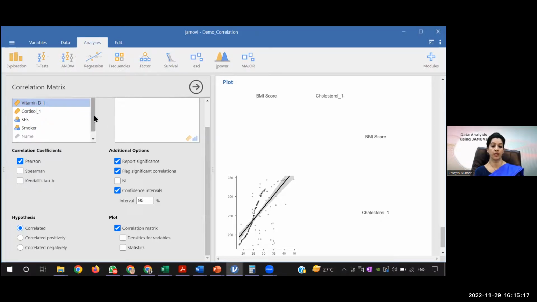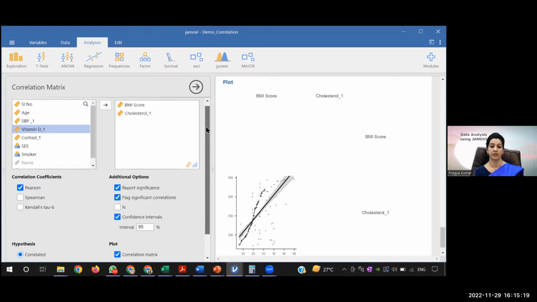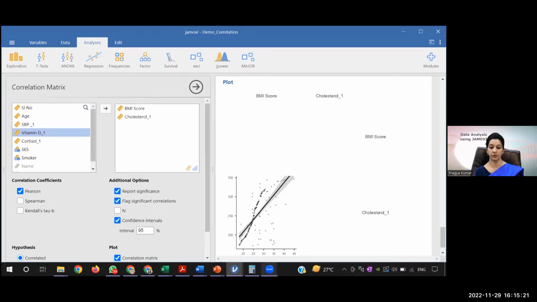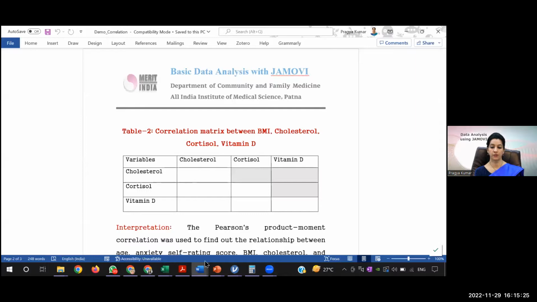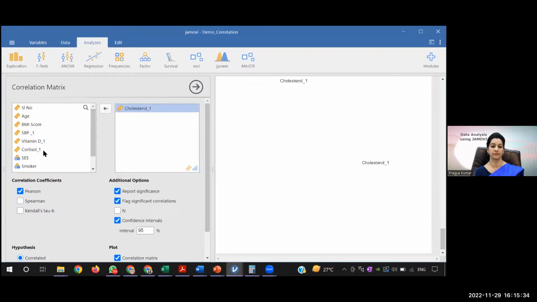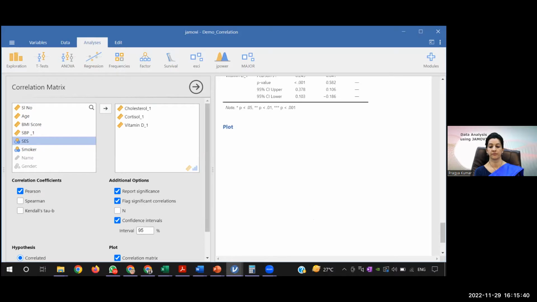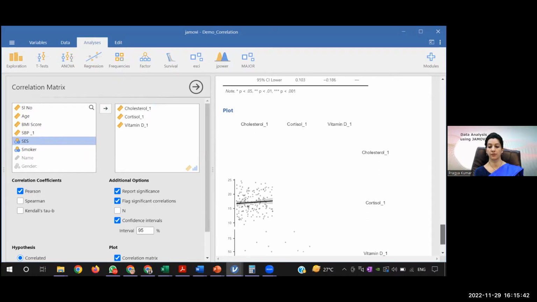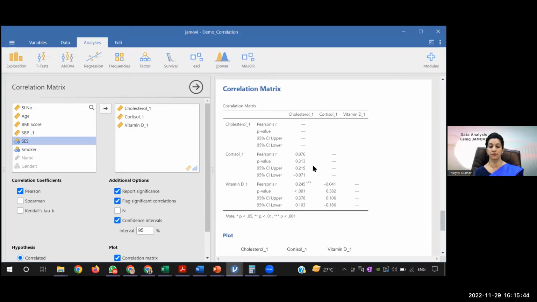Now, if you want to have the other variables, like what was the question? It was cholesterol, cortisol, and vitamin D. So go to Jamovi, add cholesterol, cortisol, vitamin D, and then you can see the correlation between the variables.